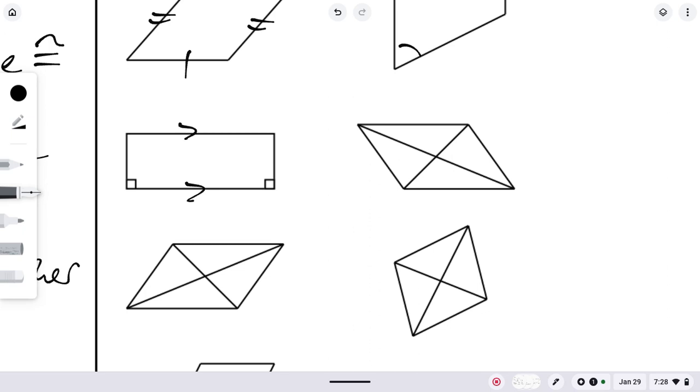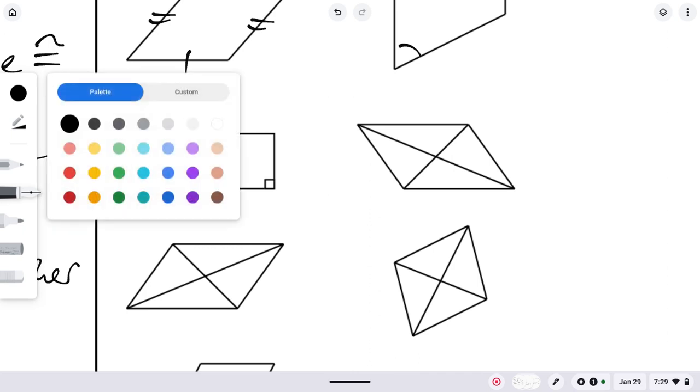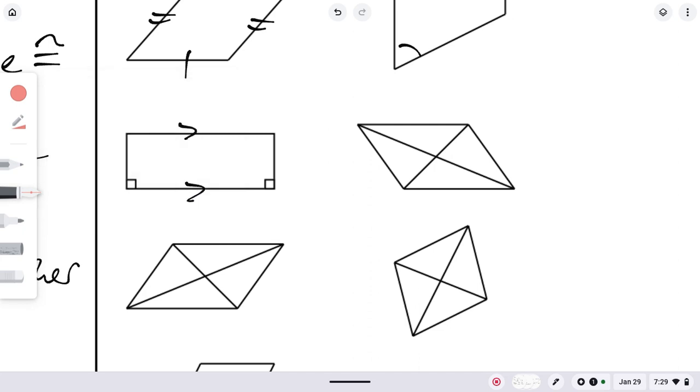Those opposite sides are parallel, and it told you those 90-degree angles, those right angles. So this one you could actually go one of two ways, right? Yes, this is definitely a parallelogram, but it depends on how you look at it.